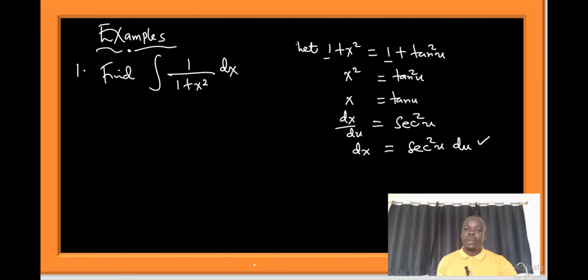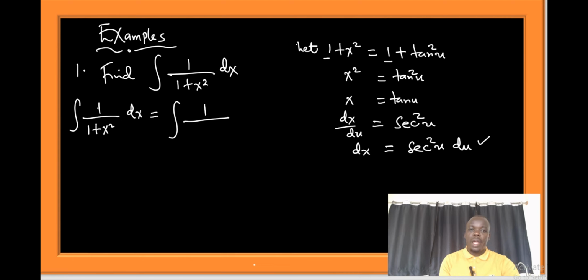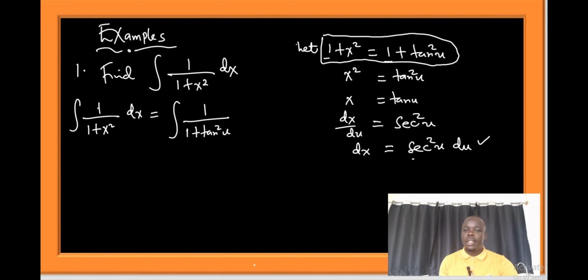Then I can proceed smoothly by saying the integral of 1 out of 1 plus x squared with respect to x is going to become the integral of 1 out of, where we have 1 plus x squared, we said the whole of it is equal to 1 plus tan squared u. So I will say 1 plus tan squared u, and where there is dx, we write sec squared u du.